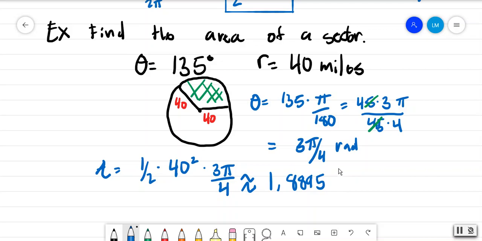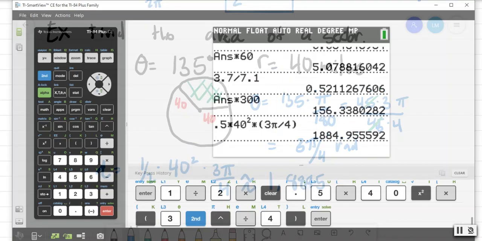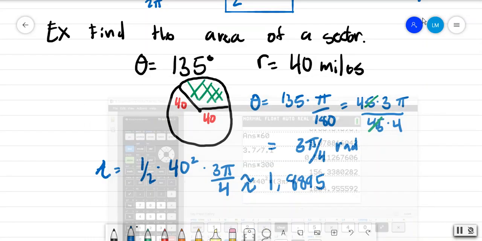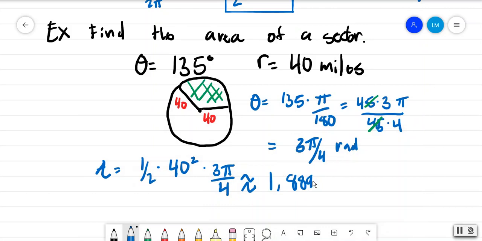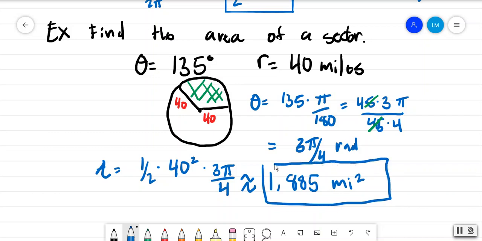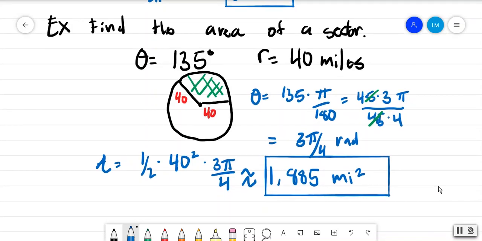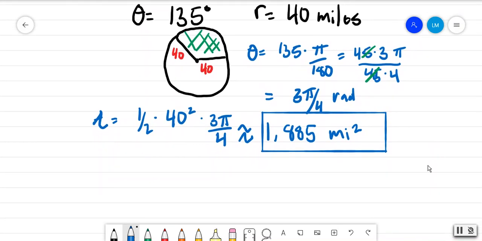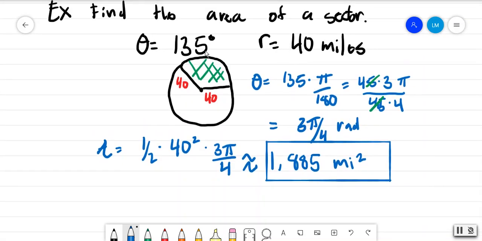Wait, that's not right, I put too much. 1,885. Yeah. And that's going to be square miles. And that's it. Area of a sector just requires that you substitute the r and the theta.